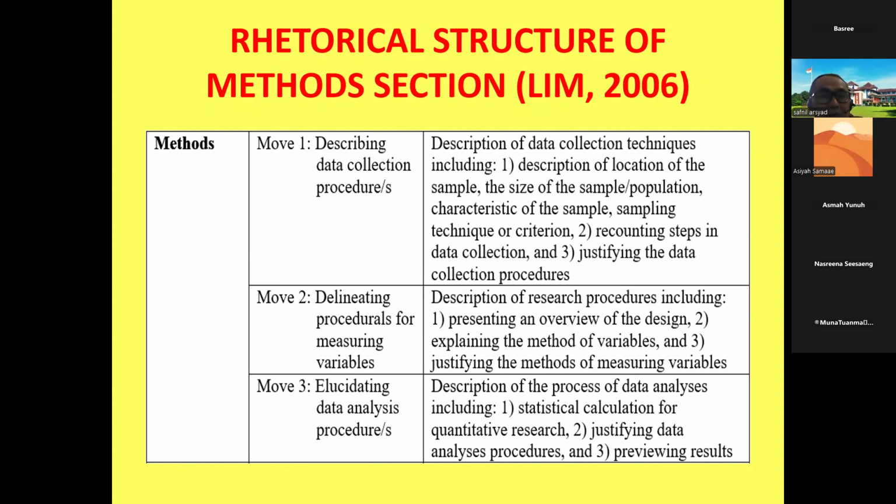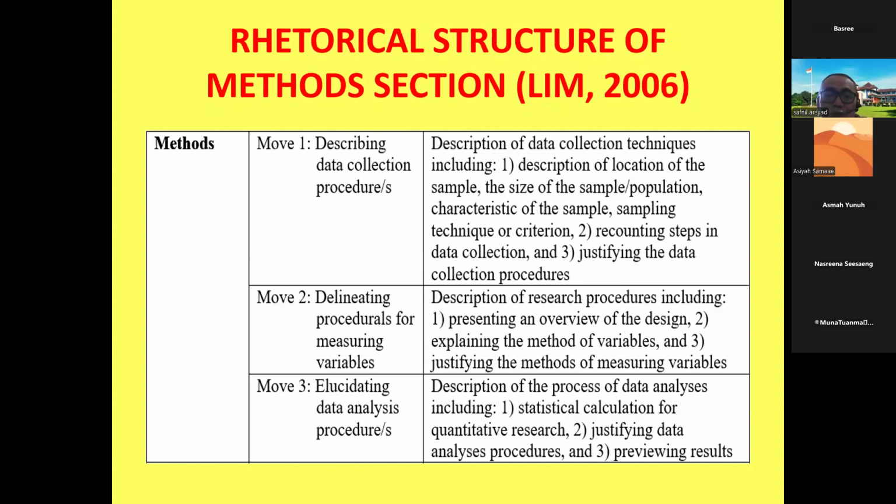He found that the method section consists of three moves. Move one is describing the data collection procedure: a description of the location of the sample, the size of the sample, and recounting. Recounting means describing steps in data collection. And number 3 is justifying the data collection procedure.